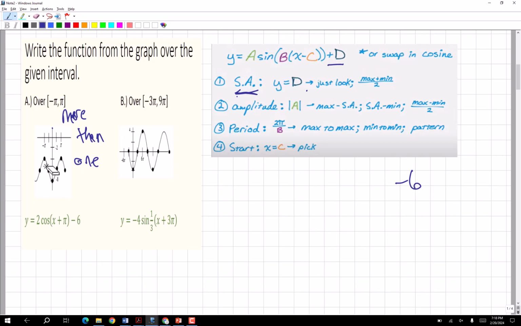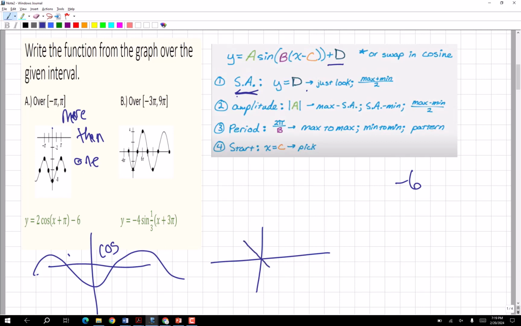Now, this is going down on the bottom. And remember what you need to know: if it goes down, this is cosine, and if it goes through, this is sine. So if it's crossing the y-axis, that's going to be sine, but if it's a maximum or minimum, it's cosine.